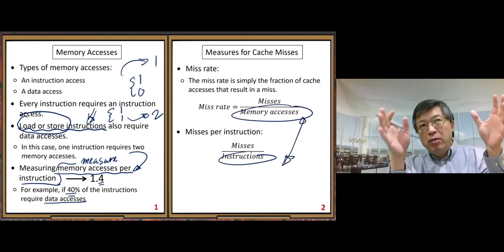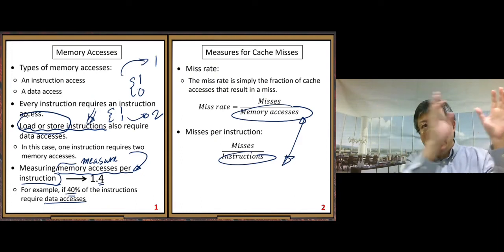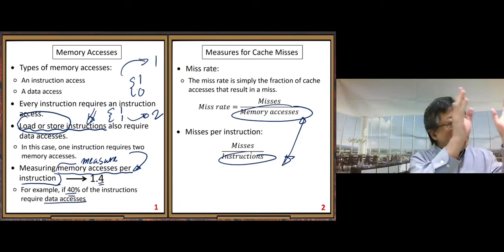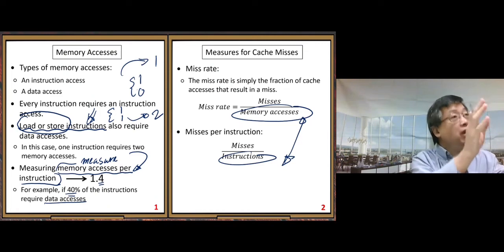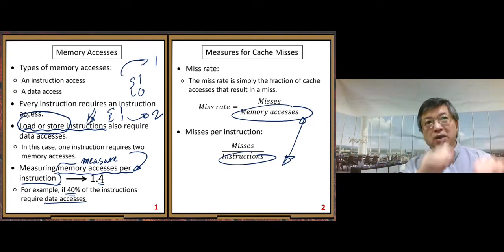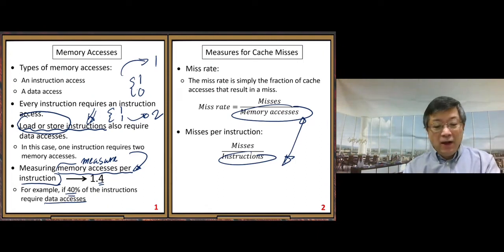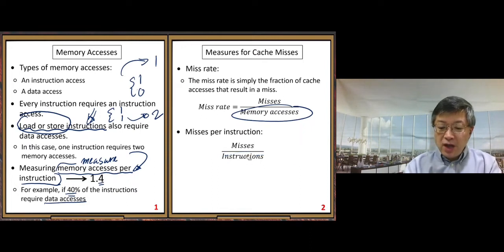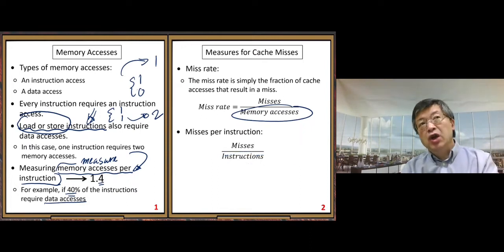One is the number of total memory accesses, the other is the number of instruction accesses only; we do not count data accesses. That's the main difference. For a typical real-world situation, this number, misses per instruction, is usually a pretty small number.